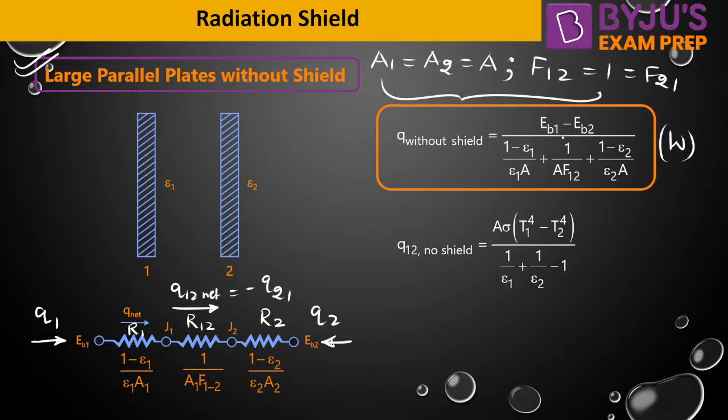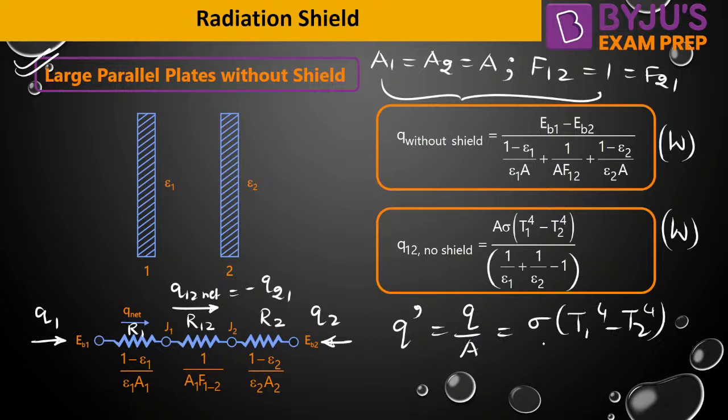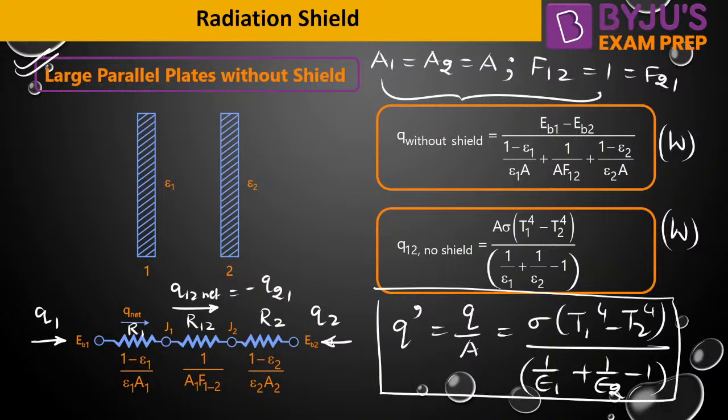If we divide by area, this will be the expression in watt, and Q dash will be equal to Q by A, that is sigma into T1 to the power 4 minus T2 to the power 4 upon 1 by epsilon 1 plus 1 by epsilon 2 minus 1. That is Q dash, that is the flux, watt per meter square. This is what we have already discussed without shield. There are two surfaces without a radiation shield.